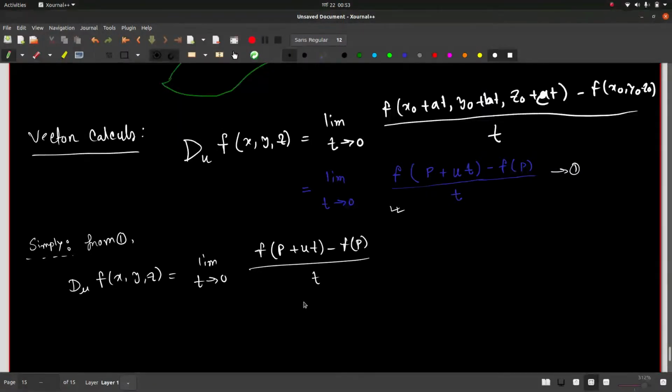Now this almost looks like a derivative analogous to a single variable function. Since you are trying to evaluate the directional derivative at a point p where t equals 0, you write it as d by dt acting on f of p plus ut, and then finally you put t equals 0.